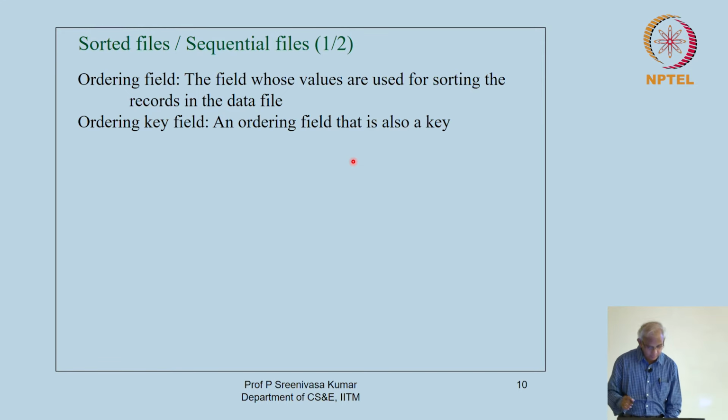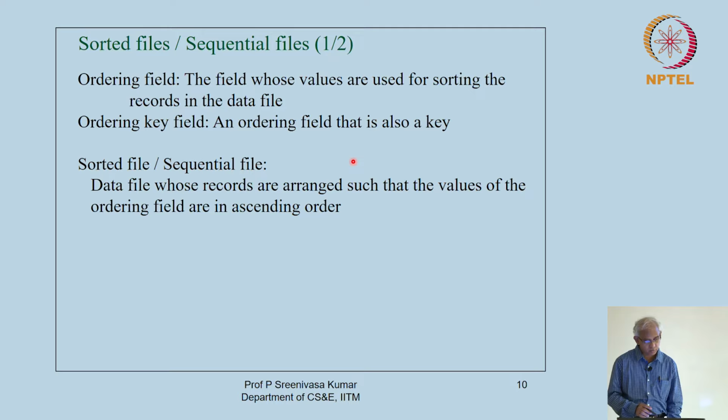So basically, we store the file with the records in the order of those ordering field values, and we call such a file a sorted file or a sequential file. Now, given the value of this particular ordering field, locating a record is somewhat easy.